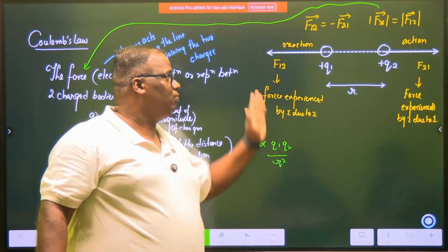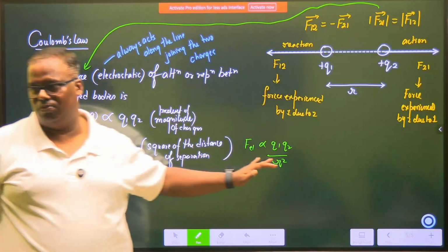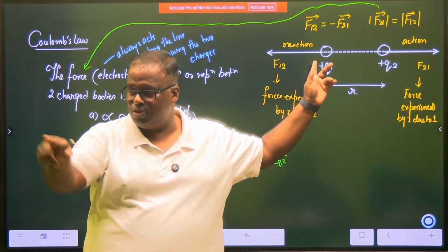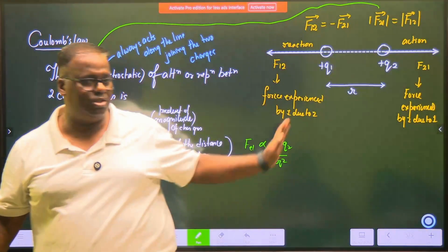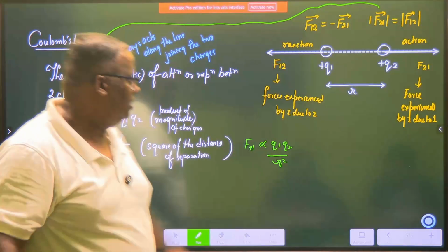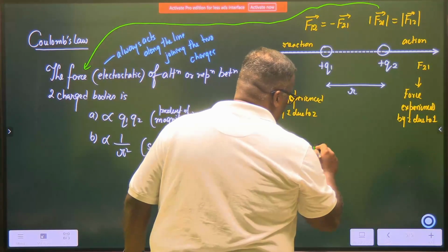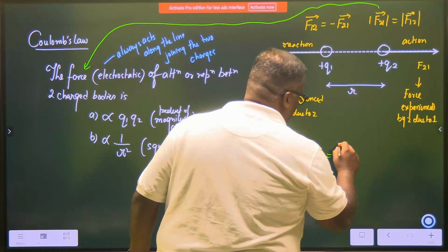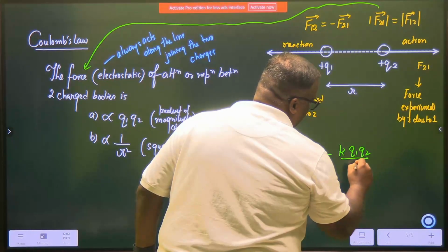Bhai, F12 and F21 are the same magnitude wise. So that is shown as the electrostatic force. You faced repulsion. What was the force? Electrostatic. So the electrostatic force is given as this. And in terms of SI unit, the easiest way to remember, F electric is given as K Q1 Q2 upon R square.